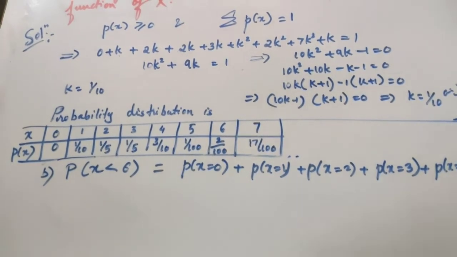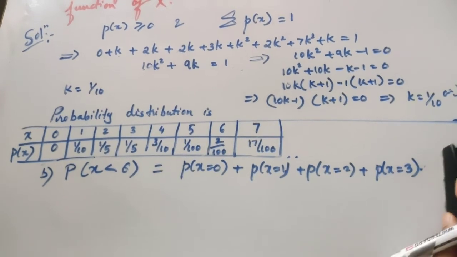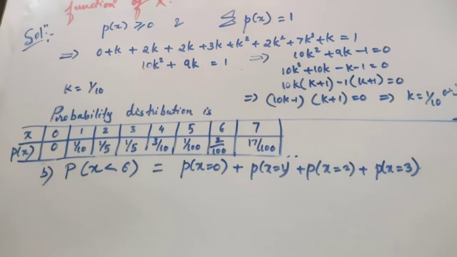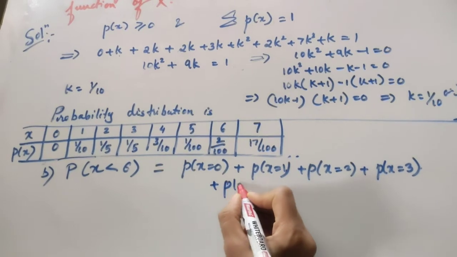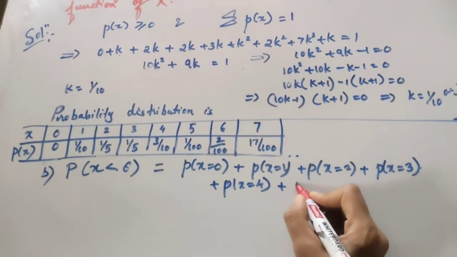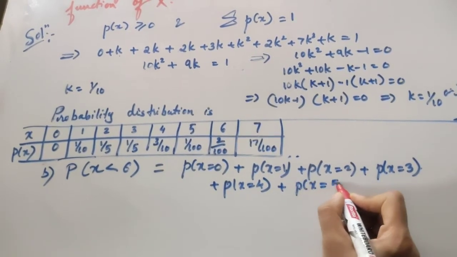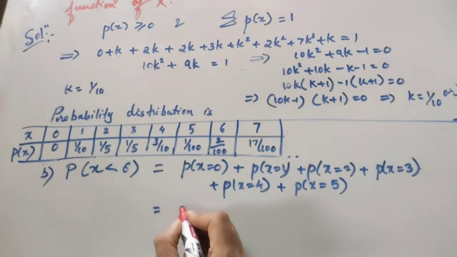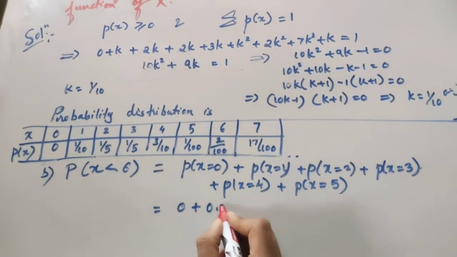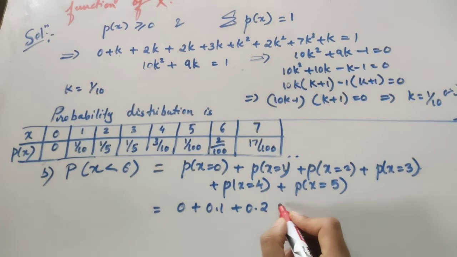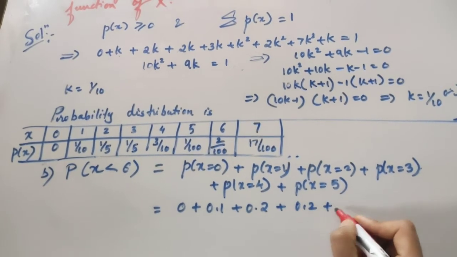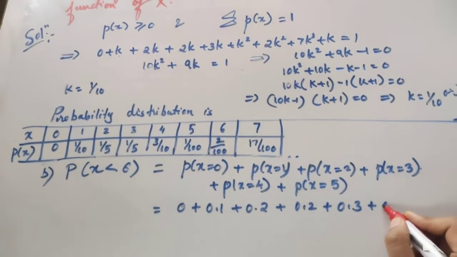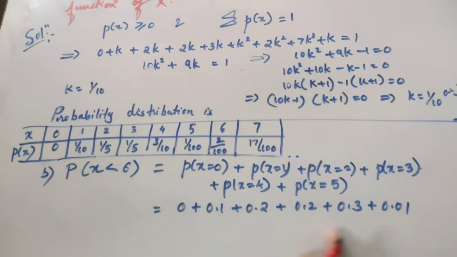Probability of x equal to 3 plus the probability of x equal to 4, probability of x equal to 5. So add up all the probabilities. It's 0 plus 0.1 plus 0.2 plus 0.2 plus 0.3 plus 0.01. These are all the values.